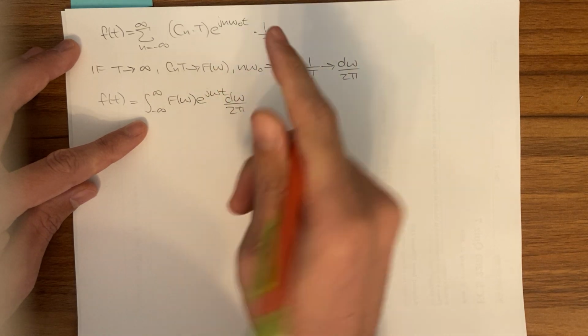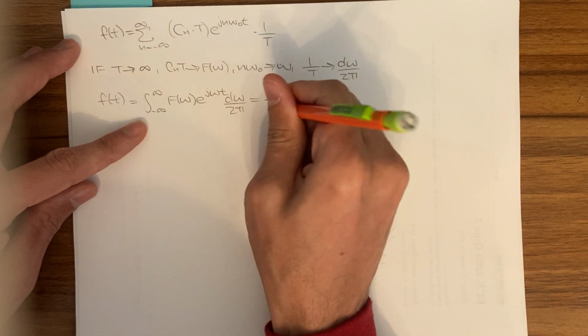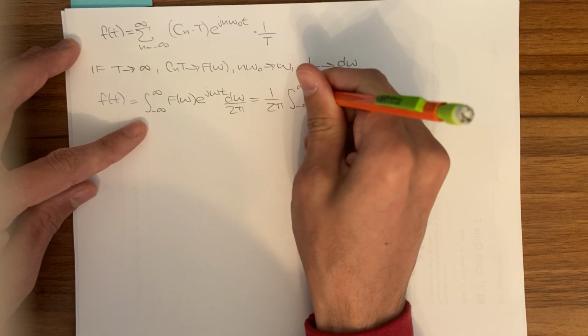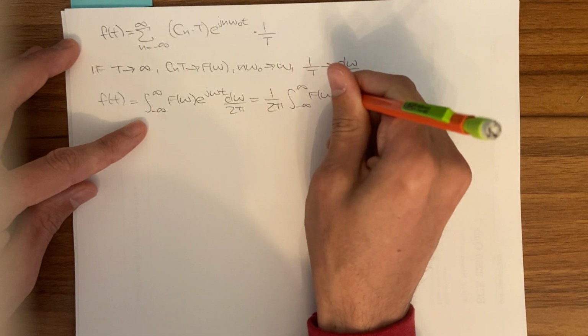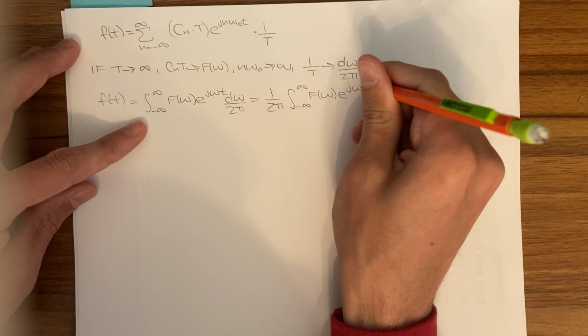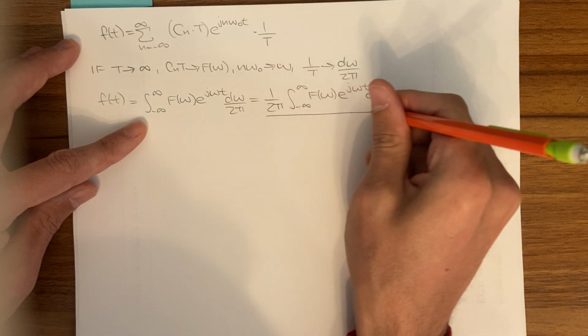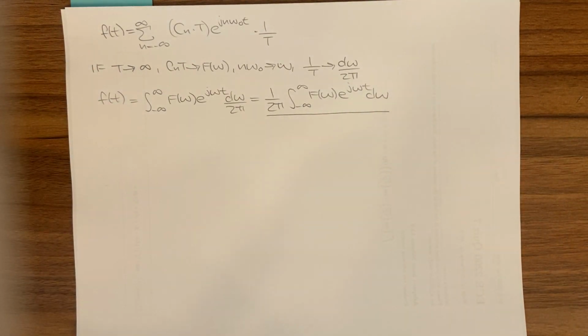Now we can take this 1 over 2 pi out front of the integral, and that's usually how we write it. And we're left with this expression for our inverse Fourier transform. I think this is pretty cool, and I really like how the math feels fairly elegant to me.